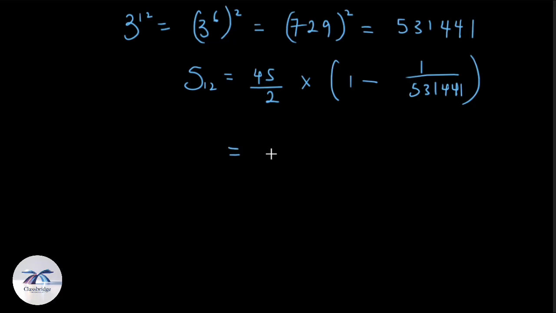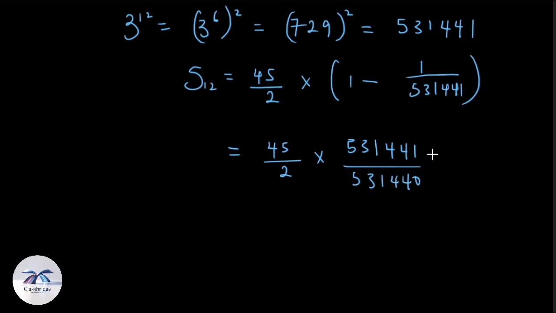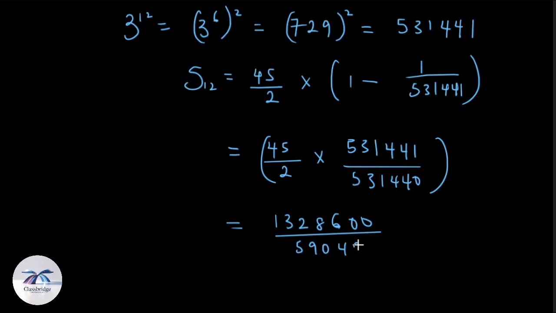If you do a further simplification, you have 45 over 2 multiplied by 531441 over 531440. And if you further simplify, our S12 will be 1328625 over 59049, which is approximately 22.49996. You can try this on your own.